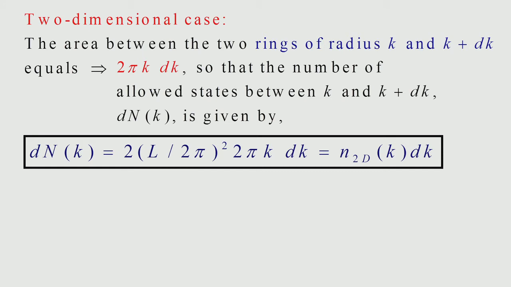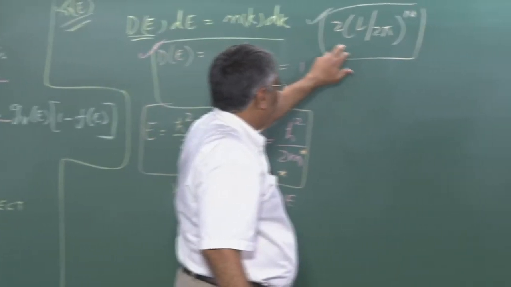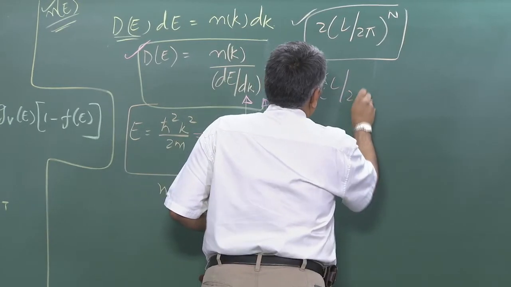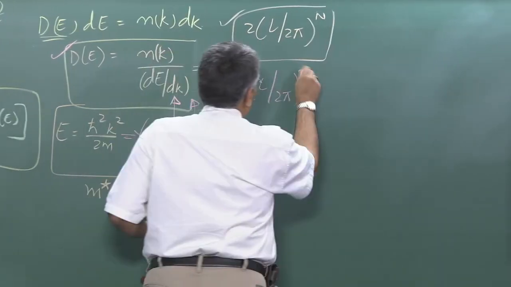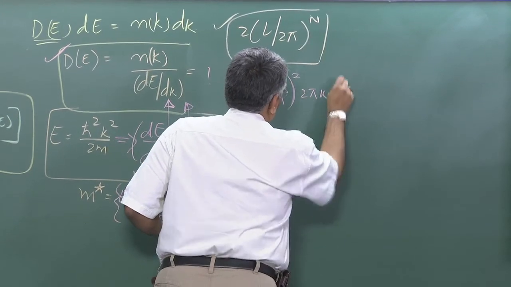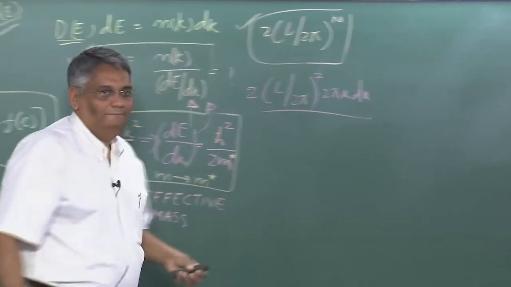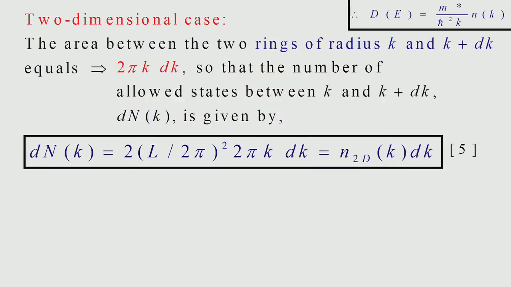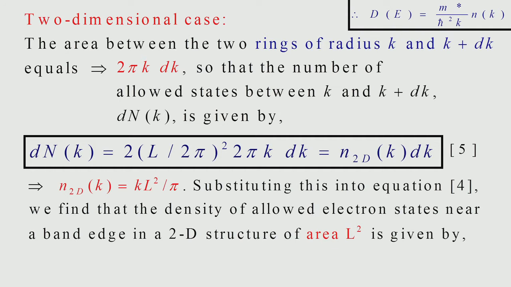This goes something like this. Your dn k is this value multiplied by, now once you have it, your nk is k L square by pi. That's what you get from this equation.